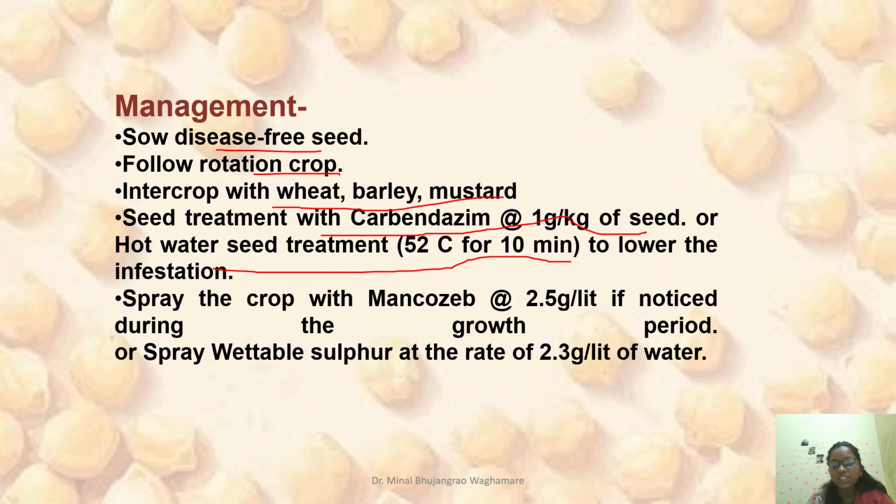Again, a spray of mancozeb at 0.25%, that is 2.5 gram per liter, if infection is noticed during the growth period, and another spray of wettable sulfur at 0.23%, that is 2.3 gram per liter of water, is provided.